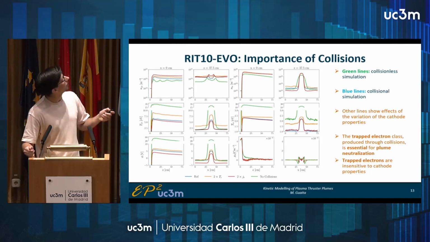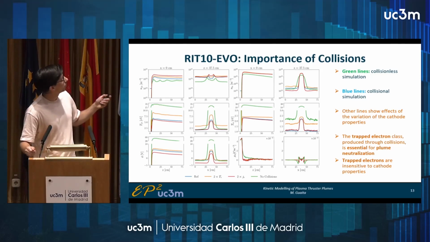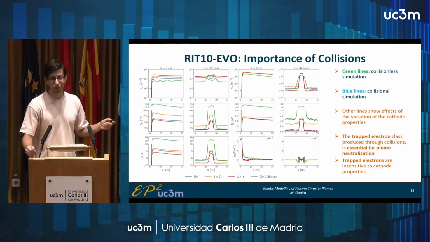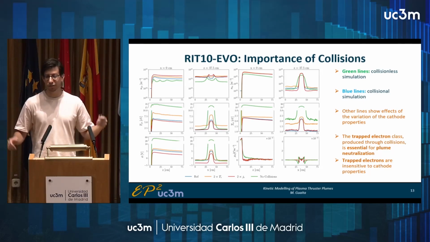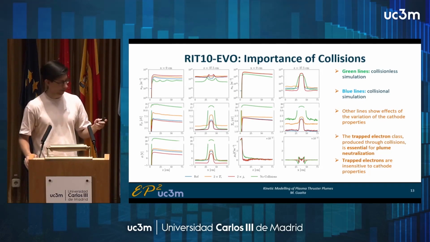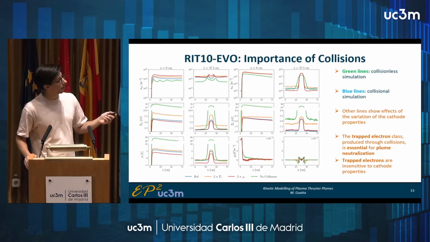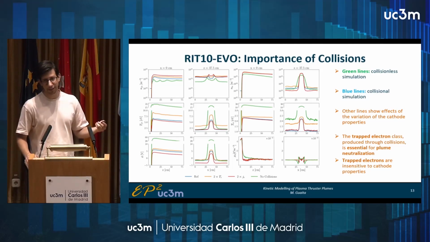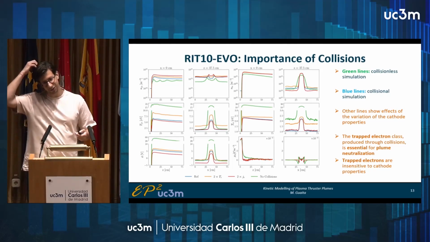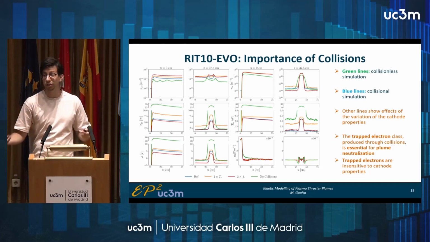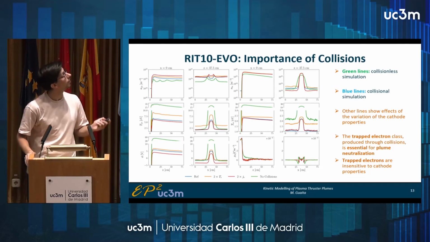And the result is that if we go to the potential map along the axis, which is this one, the green line reaches 60 volts, more or less 50, 60, while the other lines are around 5. So we see that if we exclude inelastic collisions, suddenly the electric potential rises a lot. And this is a novelty and highlights how important the inclusion of inelastic collisions is, which is something that up until now has been ignored.